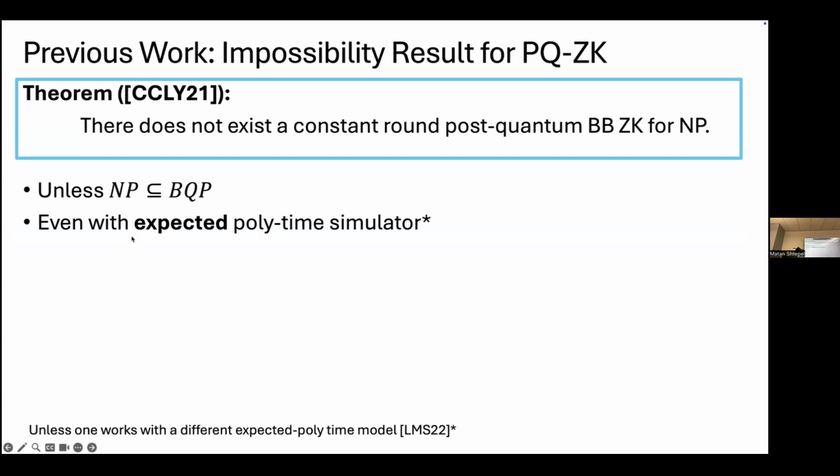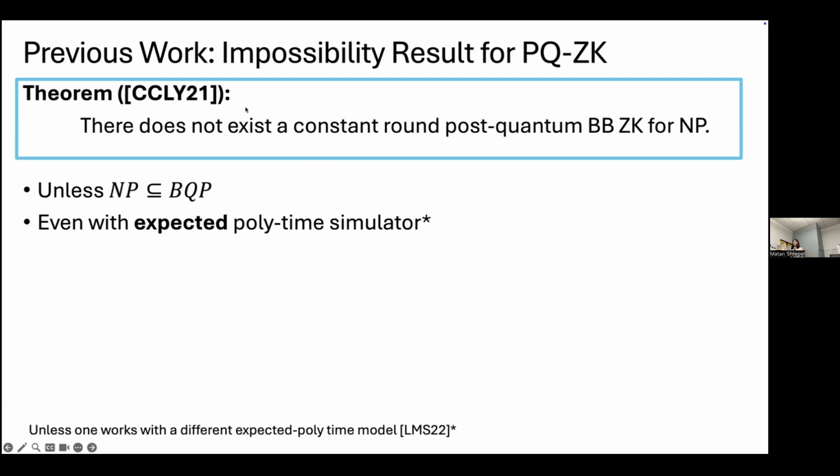And the other surprising thing about this result is that it even extends to the expected polytime simulator. So this no-go result holds not only for a strict polytime simulator in the quantum world, but also for an expected polytime simulator, unless you work in a philosophically different model, which I won't have time to go into in detail. Basically, for a regular model, you consider the running time of the simulator to be a piece of classical information instead of quantum information.